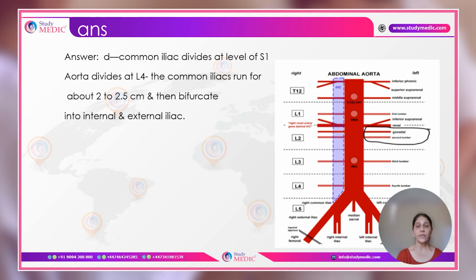Be very careful about whether they are asking for the level at which the aorta divides or the level at which the common iliacs divide. Bifurcation of the aorta is at L4, but the common iliacs divide at S1.